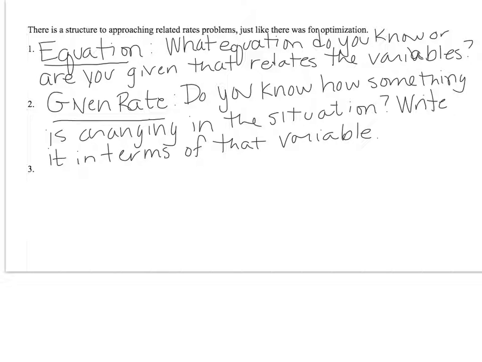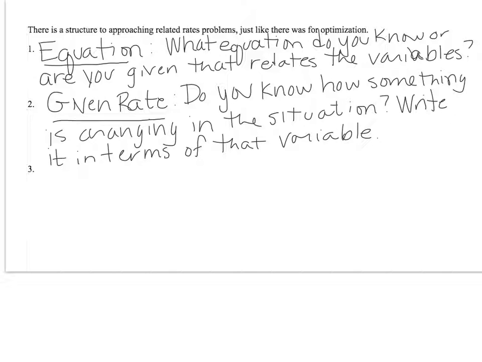So related rates, we're going to be looking for how things are changing. So what do you know, or what are you trying to find, both of which could be considered rates. And if you know what those are, write them in terms of the variable. So make sure that you write them as dr dt, dx dt, dy dt. Don't write them in words. Write them in terms of the variable that you are going to be using.